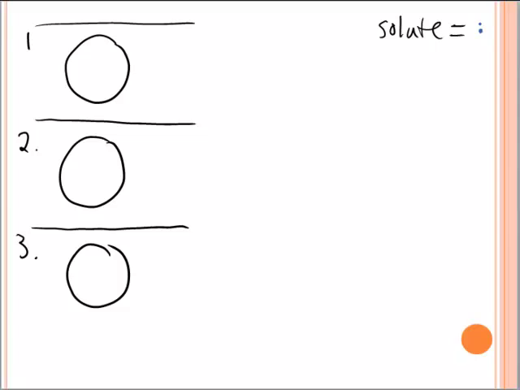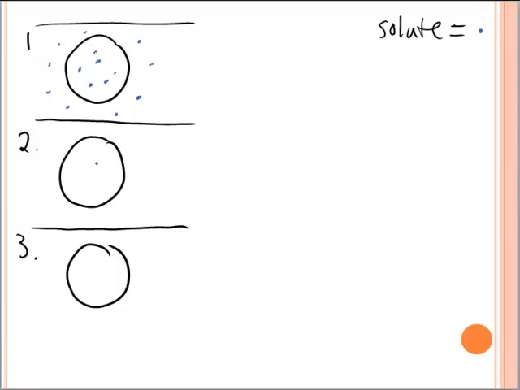So remember that the blue dots do not represent water, they represent the solutes. So in this first cell, I'm going to put some solutes on the inside of the cell, and then I'm going to put some solutes on the outside of the cell. And the solutes on the inside and the outside are going to be at about equal concentrations.